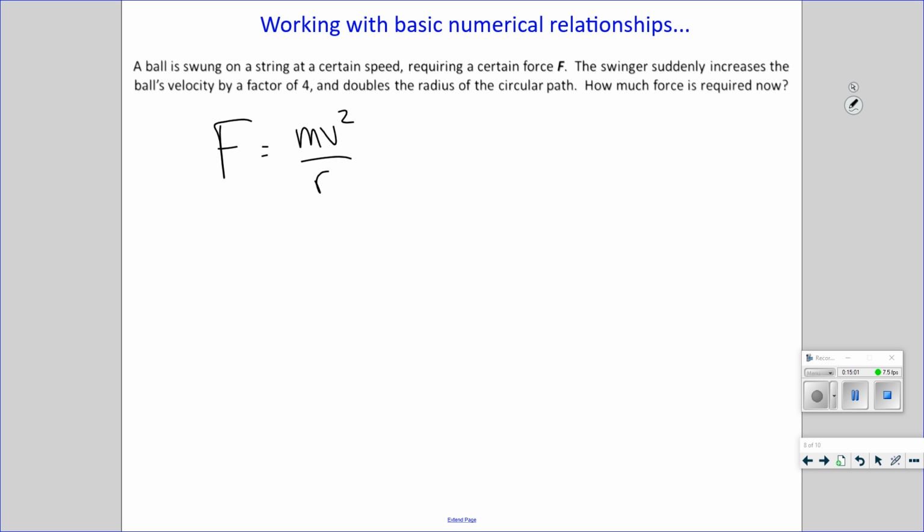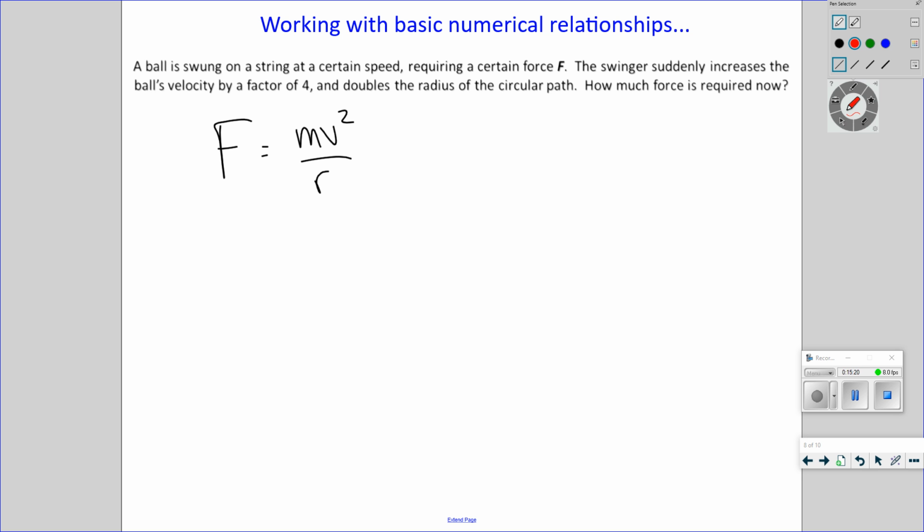We don't know what m is, v is, or r is, but some force F makes something move in a circle. Now, the scenario says suddenly we increase the ball's velocity by a factor of 4 and we double the radius of the circular path, but apparently we keep the same object.